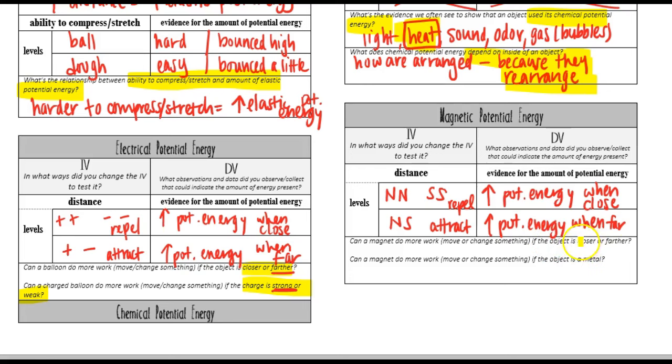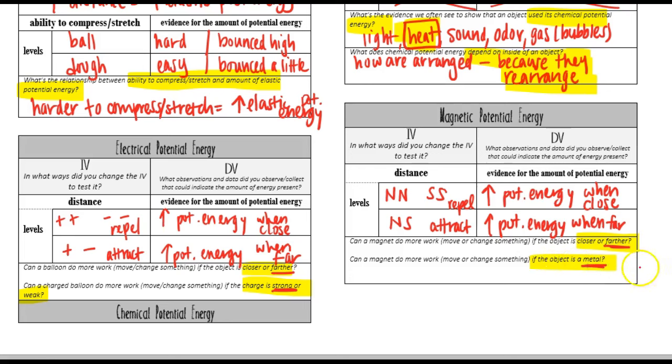Can a magnet do more work if they're closer or farther? And can it do work if the object is a metal? So obviously, the farther they are, usually the more distance is traveled. Again, it gets kind of funny when we talk about the different poles, and you need to be aware of that because you will probably see something like that on an assessment. But we're thinking about the material.